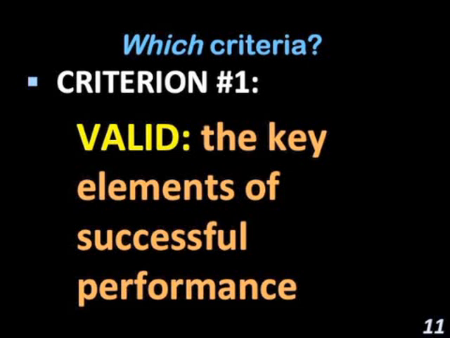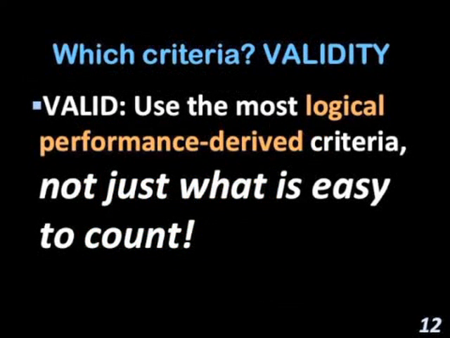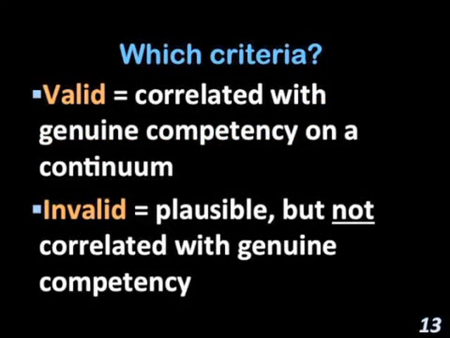So we have to be mindful. It's not about what's easy to count. It's about what are the most logical, performance-derived criteria for distinguishing levels of success. Valid criteria correlate with genuine competency.